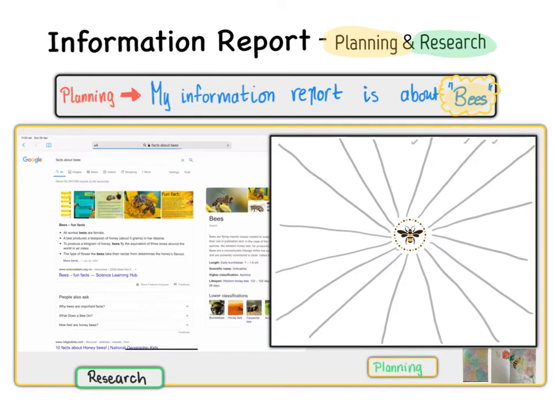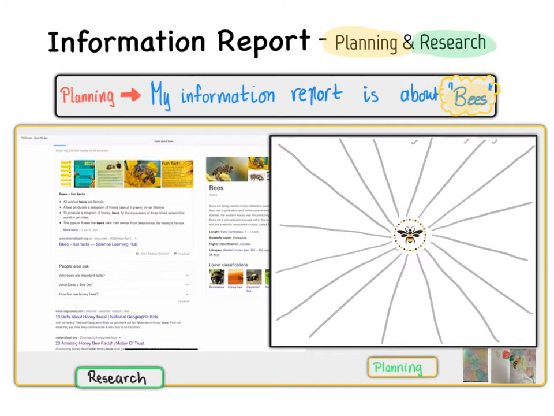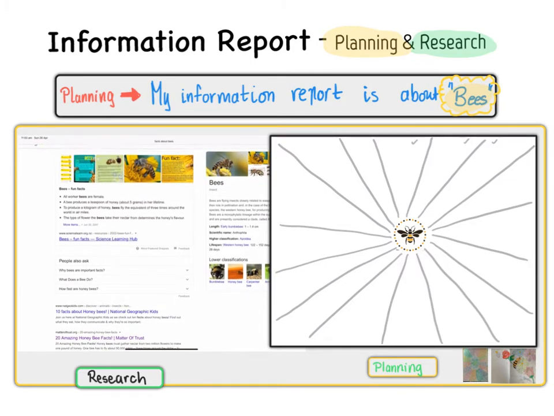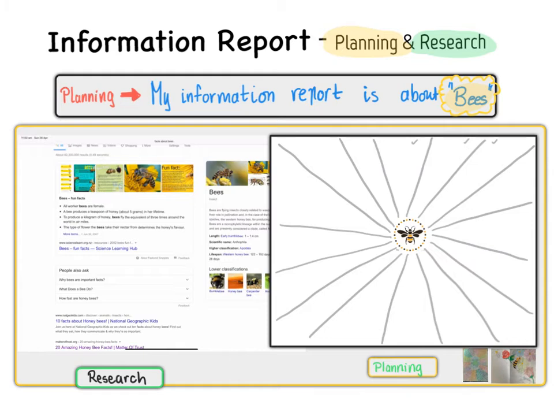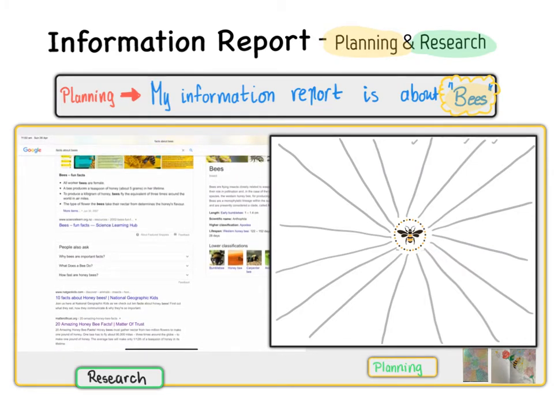Now, you have to be really careful which websites you're getting your information from. I look at this first one that comes up with the picture, and it's sciencelearn.org.nz. Anything with .org is a pretty good website to get information from.